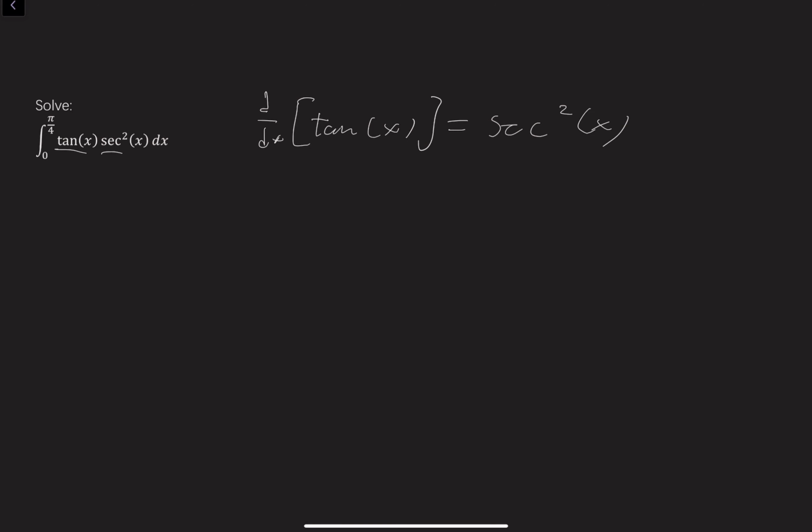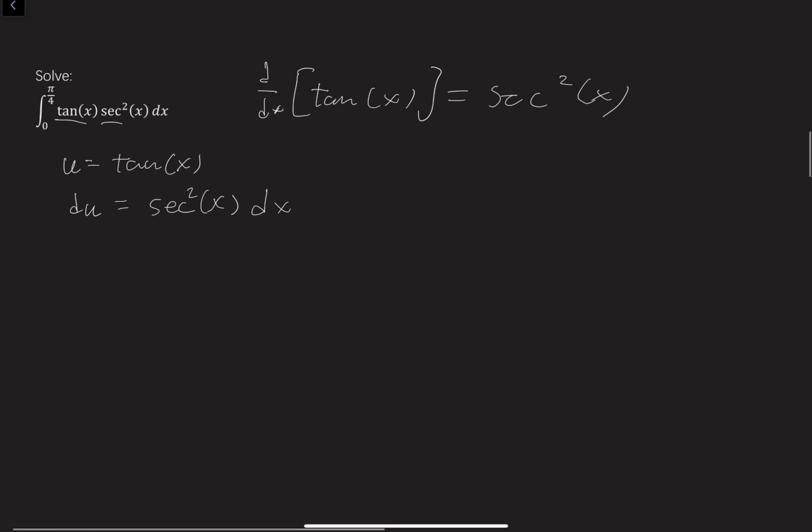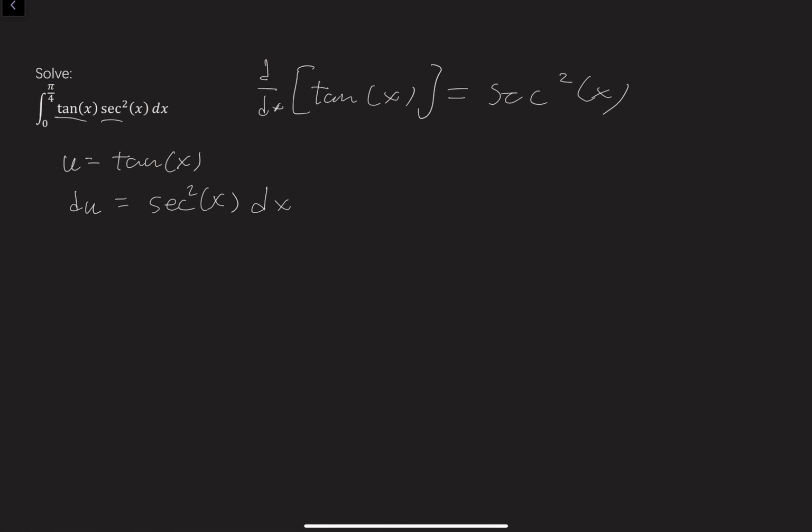So let u be equal to tangent of x. du is equal to secant squared of x multiplied by dx. And now we can substitute in. So that's equal to the integral of u du.